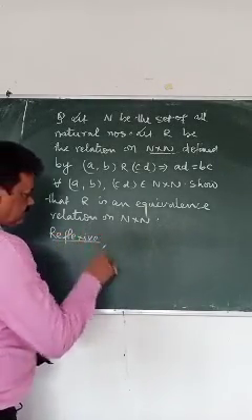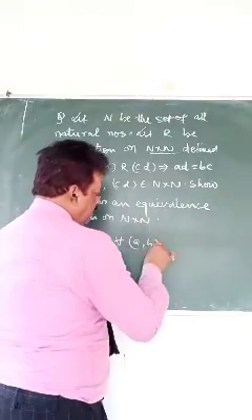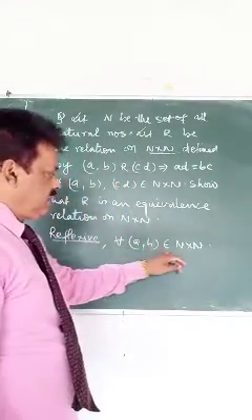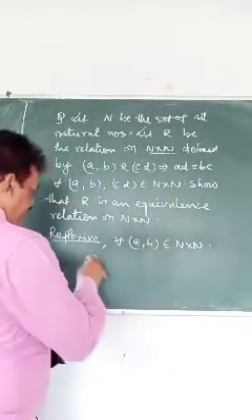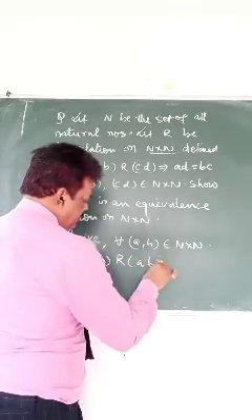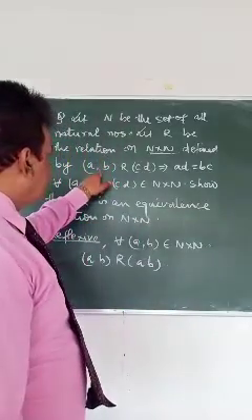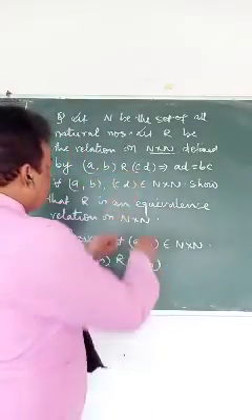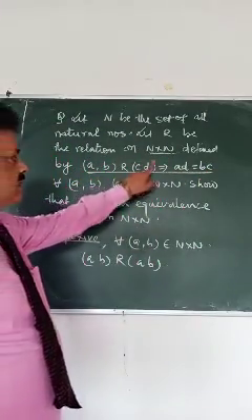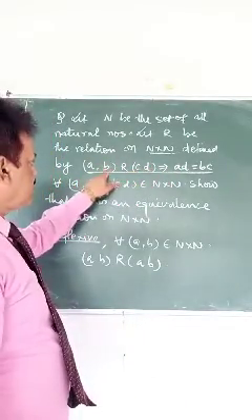Reflexive. For all (a,b) belonging to N cross N, you have to say (a,b) relates (a,b). What is the definition? Look here: (a,b) relates (c,d) means first-last equals second-third.